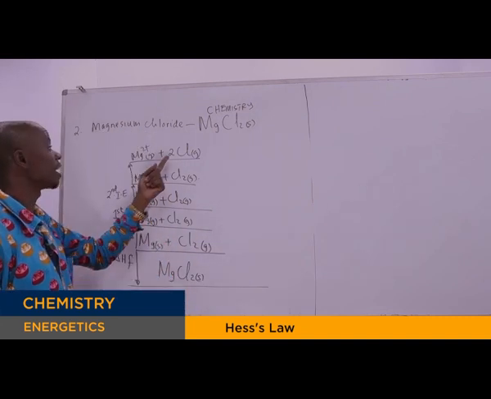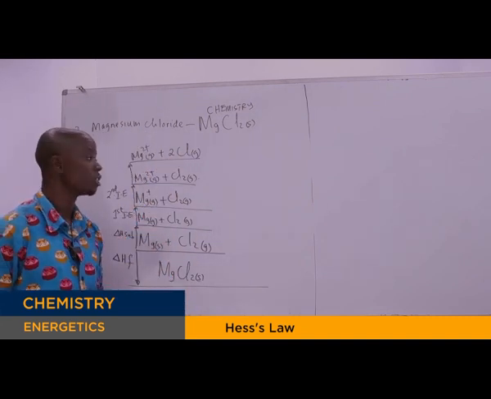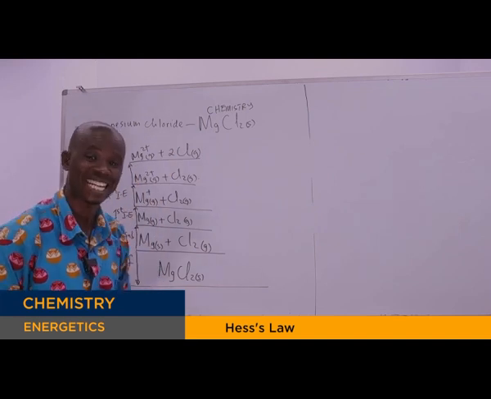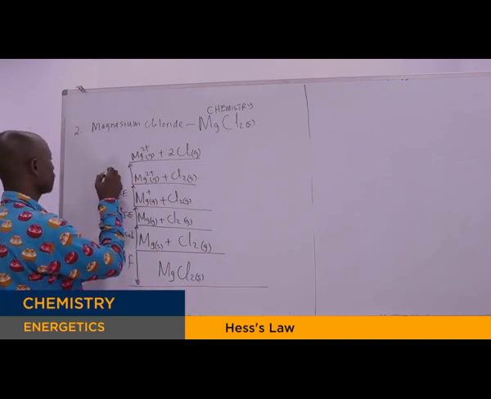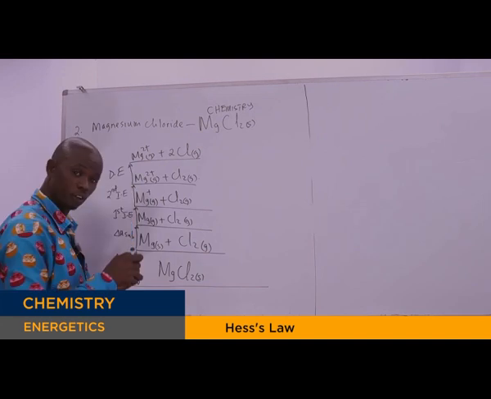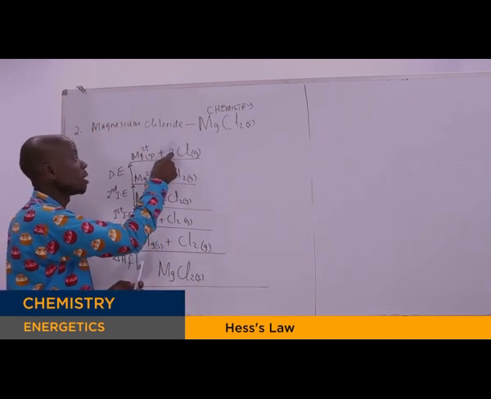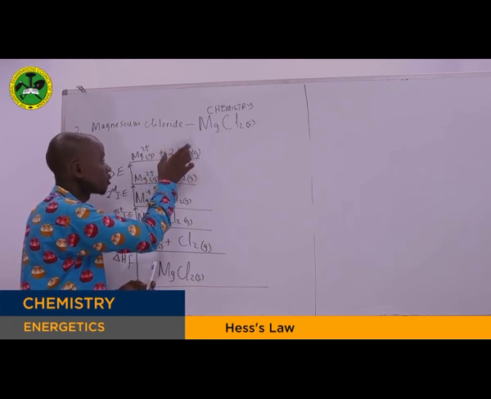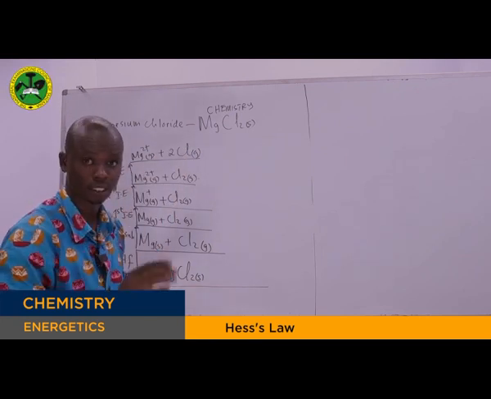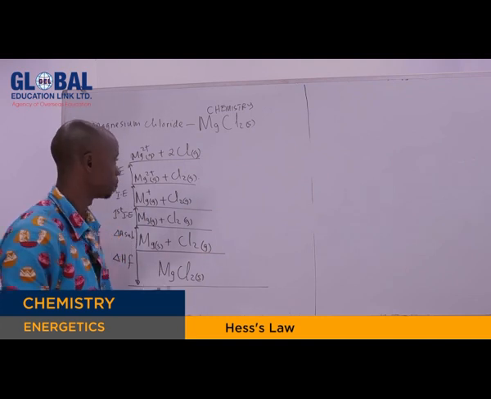So when you look here, there are 2 moles of chlorine gas formed. So automatically, this is dissociation energy, not atomization. If you write atomization here, that means you have to multiply by 2 because 2 gaseous chlorine atoms are formed. So it is important for you to remember.